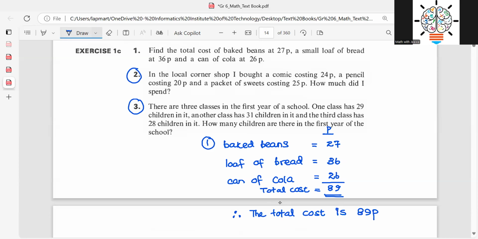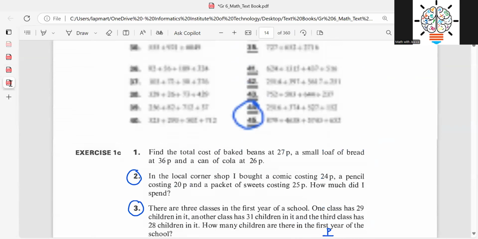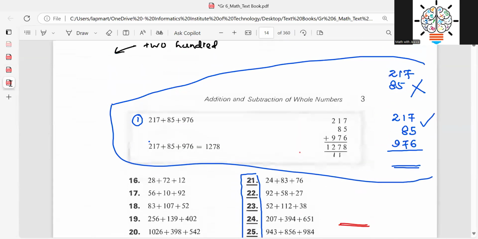Now, what are the things you write in your theory book today? Put the date. You don't have a subtopic this time because this is the same continuation, and you write down this point, right? That is one thing you want to write in your theory book. The other one, you show these blue color marked things. First, you show the question, how they have given it as a line.